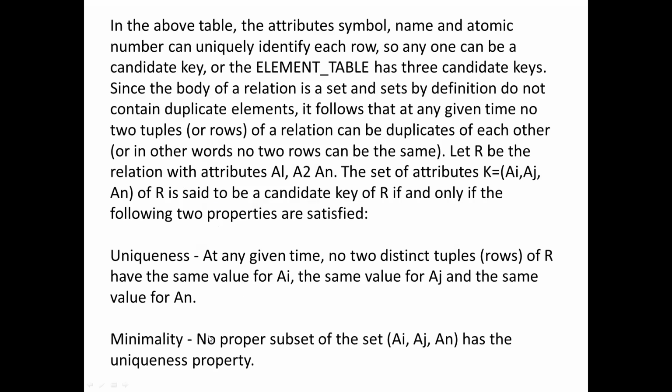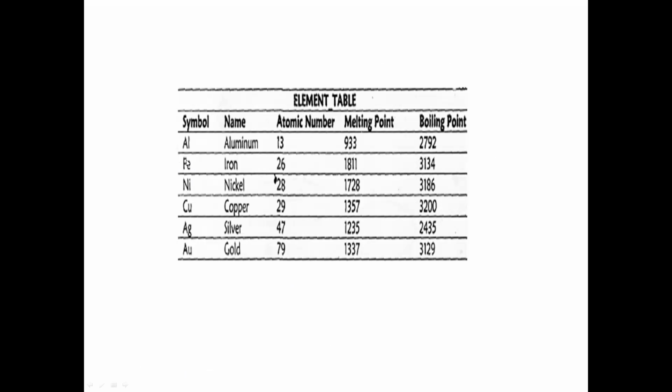Number two, minimality: no proper subset of the set has this uniqueness property. So these do not have any proper subset, right? What is a subset and a proper subset? Suppose we have two tables, the element table and the element one table.